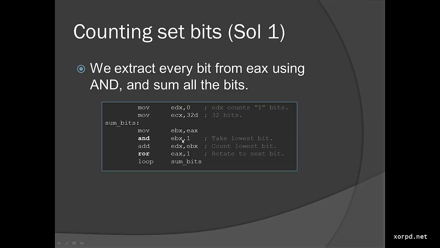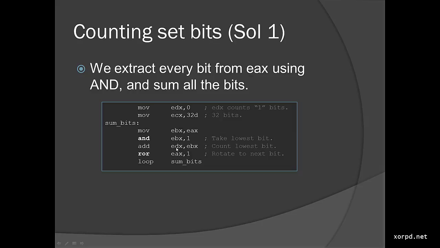We AND EBX with 1, which takes the lowest bit inside EBX, and then we add it to EDX. I remind you that EDX is the counter of 1 bits. So if the bit was 1, EDX will actually increase, but if the bit was 0, this instruction will have no effect on EDX.